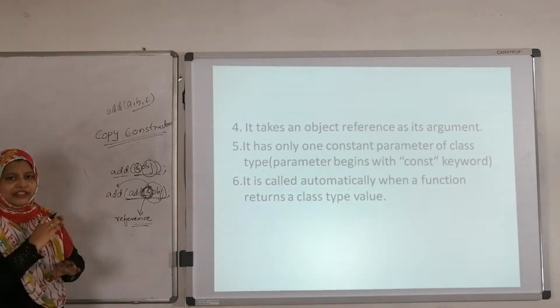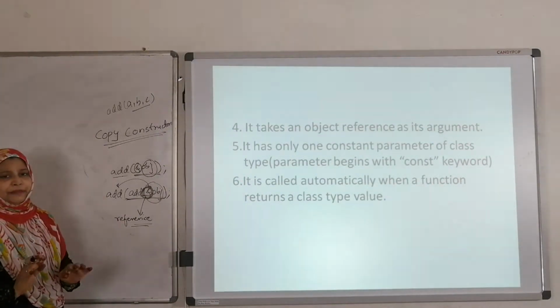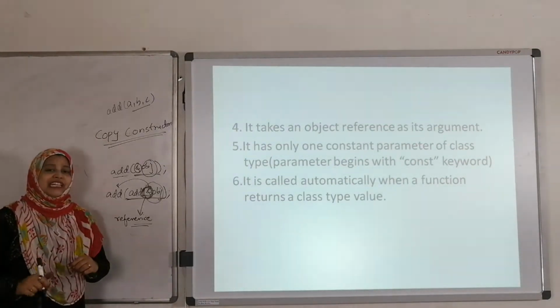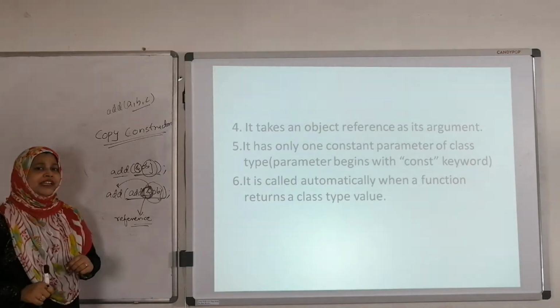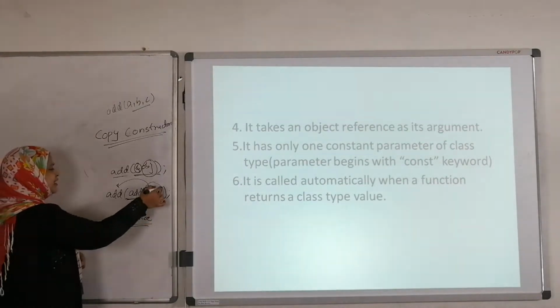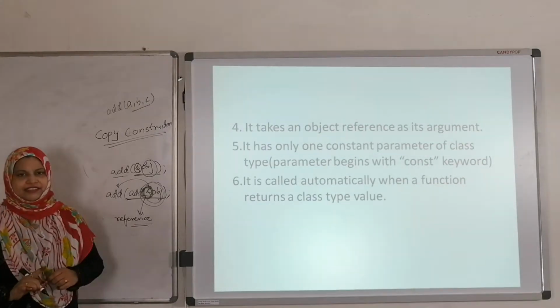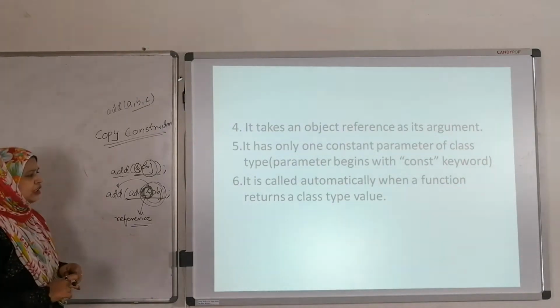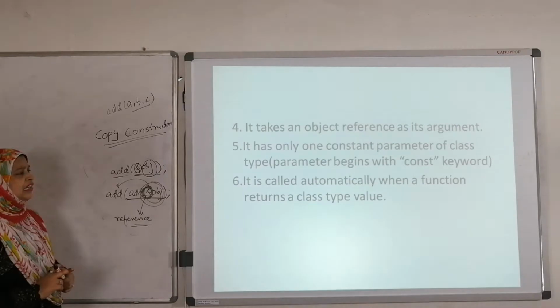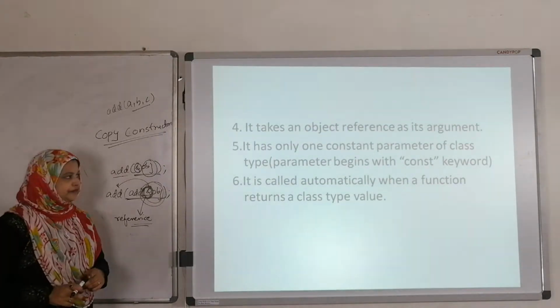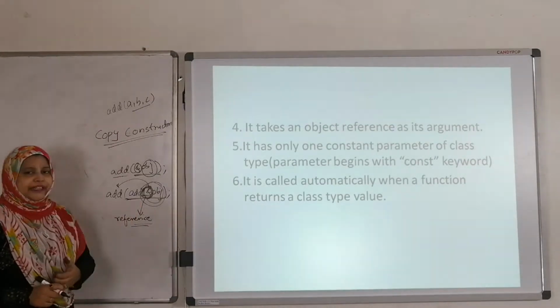In a default constructor, we do not pass any parameters, whereas in a copy constructor we can pass only one argument, the reference of a single object. It is automatically invoked when a function returns a class type value. This is the copy constructor.